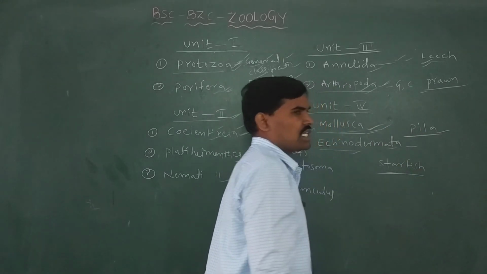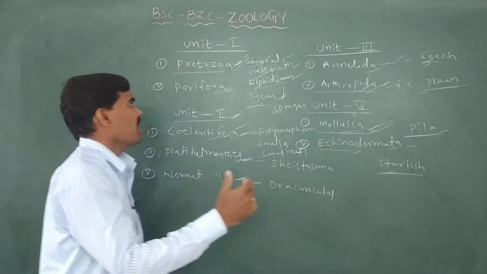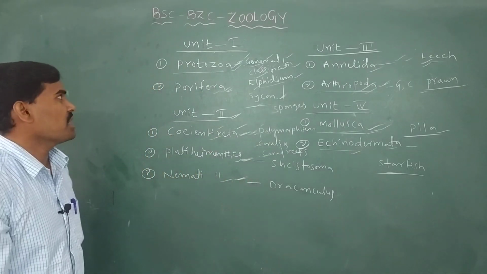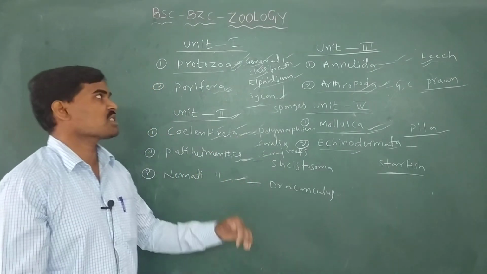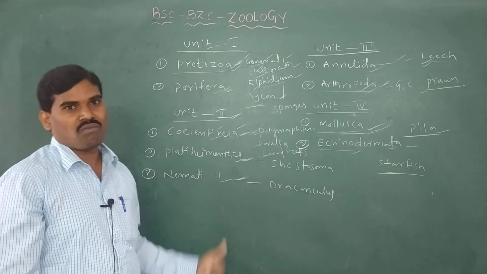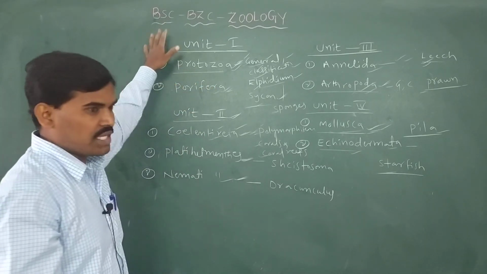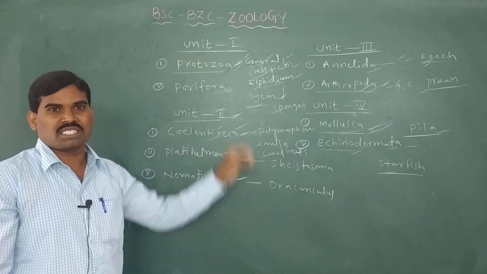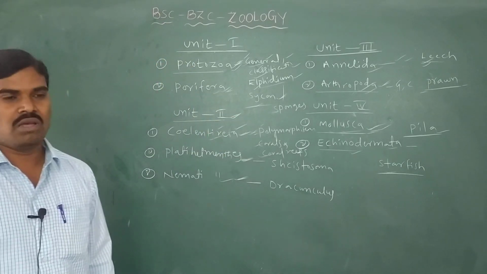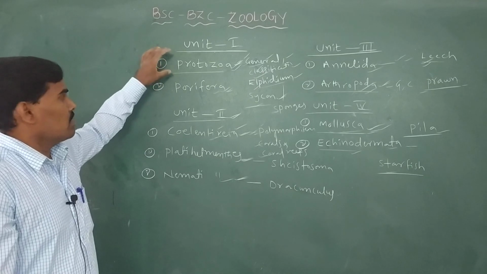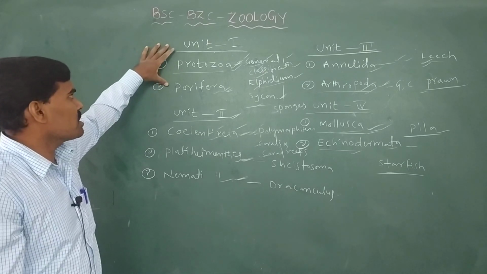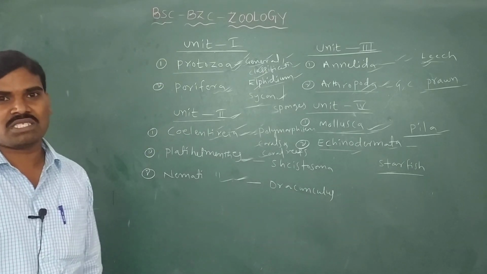Echinodermata type study, starfish. Each phylum has a different type study that clearly explains it. This is the syllabus for zoology, first year BSc, BZC zoology syllabus. Okay, next, the first unit chapters: the Protozoa is the next class they start.